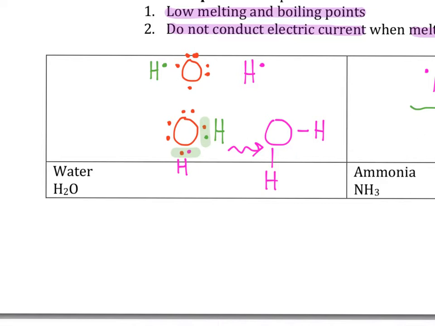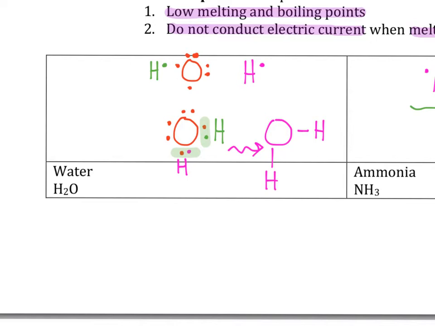Let's take a look at two examples of covalently bonded compounds. The first of which is water, something we are very familiar with. We know that water is composed of two hydrogens, each with one valence electron, and one oxygen, which has 6 valence electrons.